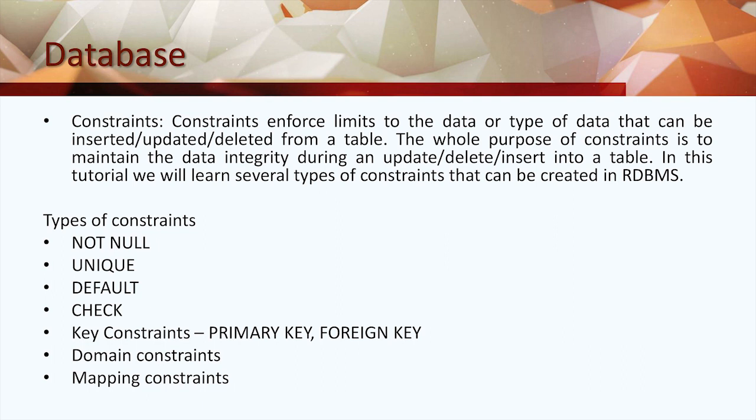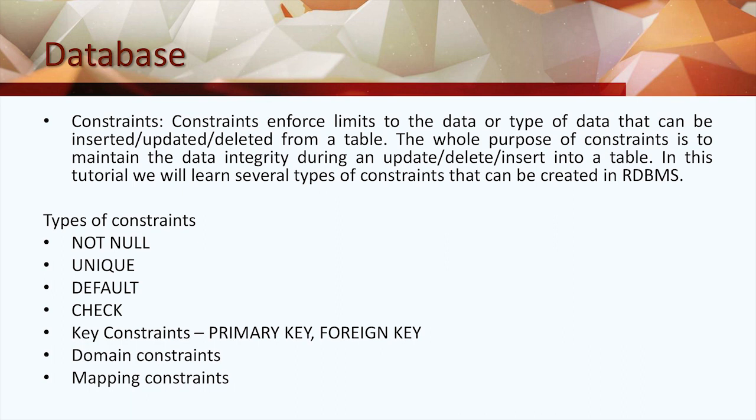If you want to update, delete or insert the data, then you have to follow certain rules. These are called constraints, like not null constraint, unique constraint, check constraint, default constraint. We will discuss it separately, but constraint is a set of rules, and the main purpose of applying the constraint is to maintain the data integrity during different transactions like insert, update and delete.